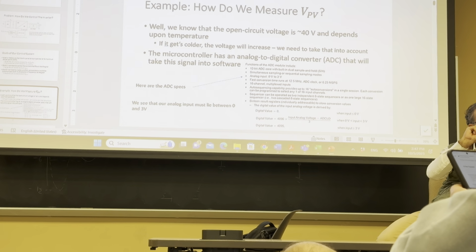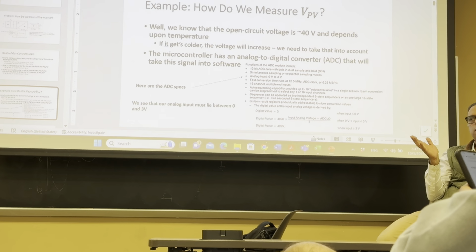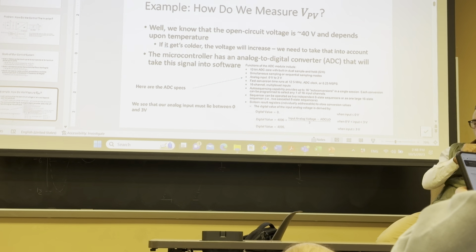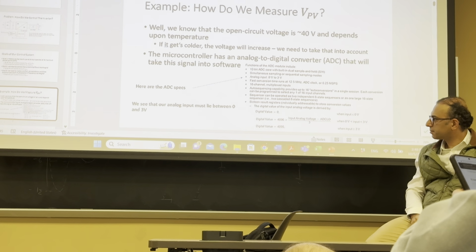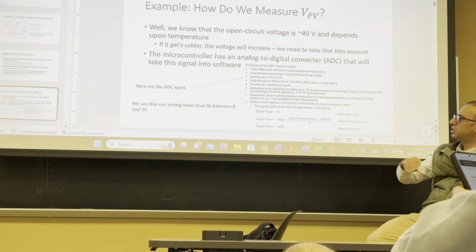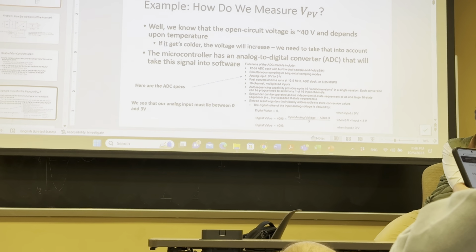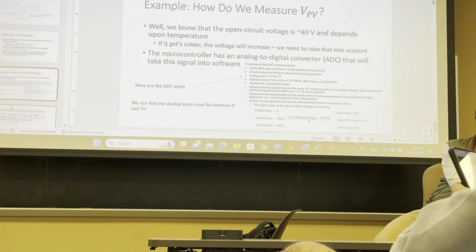It has to be limited between 0 and 3 volts. If you go above that, or out of this range, you may damage the microcontroller, or your controller doesn't see it. Does that make sense? Again, on the digitization, we'll talk about it later, how things need to go back.